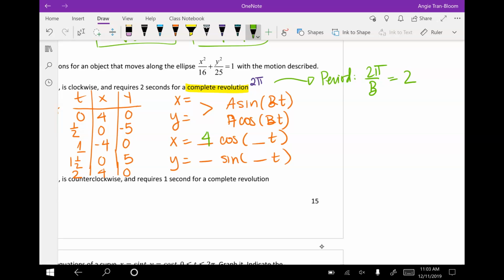B is the variable that we need to find to fill it in here. A full revolution, which is a full period, is 2 pi always. This will never change. So how do I solve for b? Multiply both sides by b. So 2 pi equals 2b. That means b is? Pi. Yes, b is pi. Pi goes right there for both.